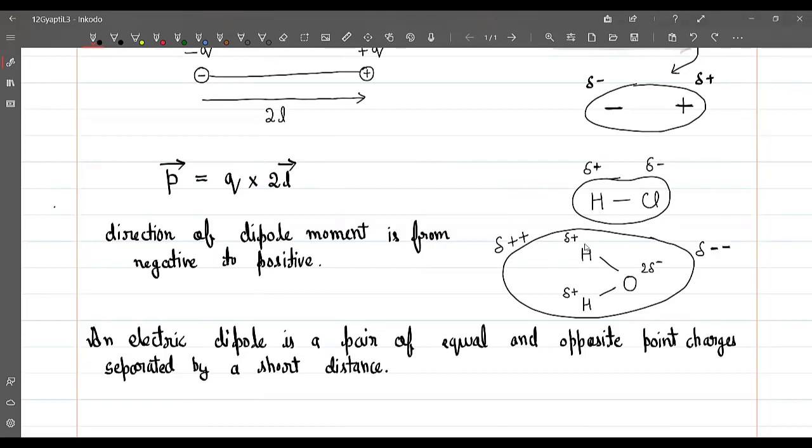And all these systems have a property called dipole moment, which is a property of the system because the dipole moment depends on two things. First, the charge and the separation between them. So this quantity is called dipole moment, defined as product of charge and the separation between the charges. That is the definition of a dipole.